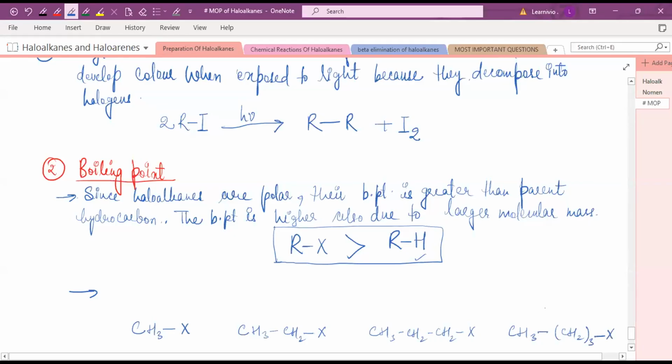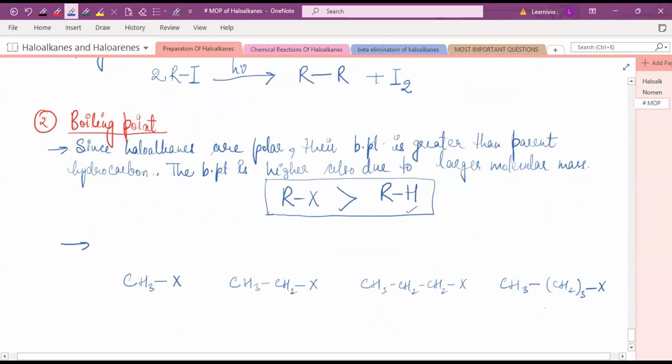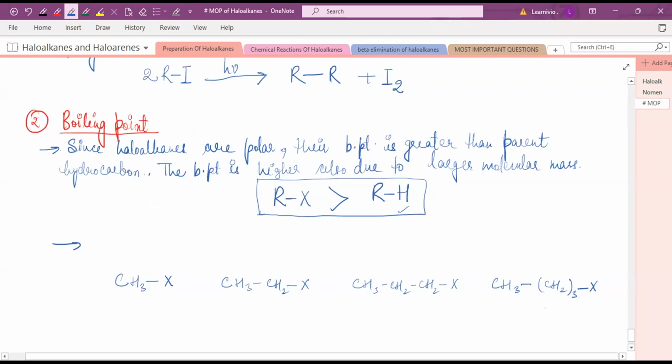I'm just increasing the chain and the number of carbon atoms. So for a given halogen atom, the boiling point is directly proportional to the number of carbon atoms.